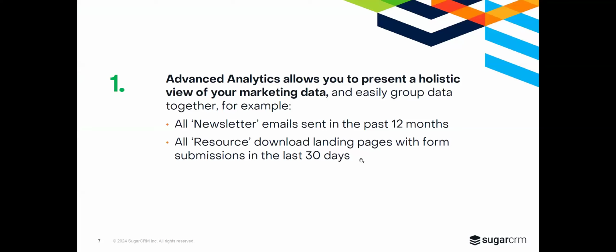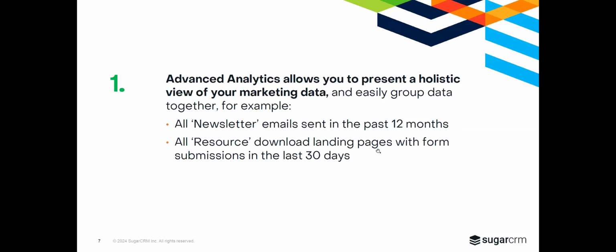Sugar Market is great for creating custom reports, but advanced analytics allows you to create reports that look at many variables. For example, you might want to report on all of the newsletter emails that you've sent from the system over the past 12 months. Advanced analytics makes that really easy because you can pull all of the emails you've sent out of the system into one nice report, and then you can make that very visual.